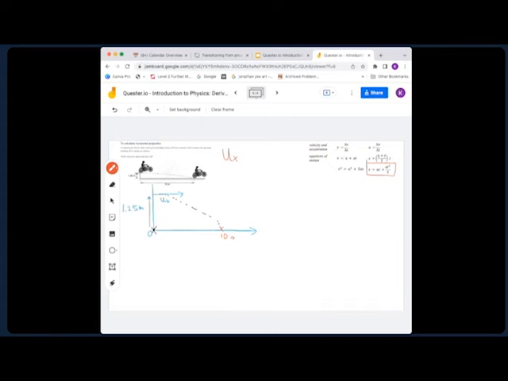So okay, let's see what to do here. We can use this equation over here. We can say that Vx, our final horizontal velocity, is going to be equal to our initial velocity, plus the gravity.